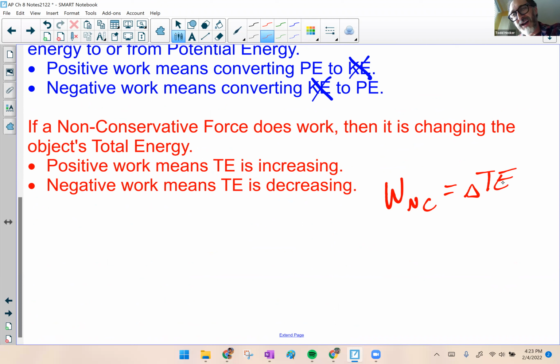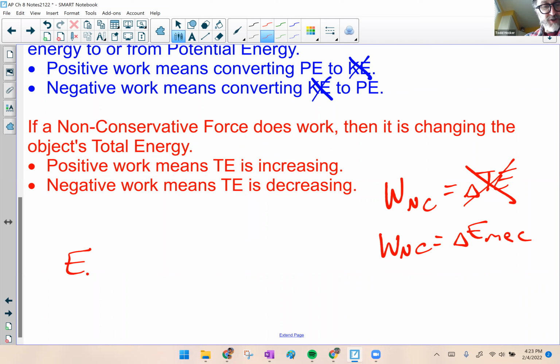We're actually going to modify that a little bit this year, because total energy includes thermal energy, which we don't usually count. So this is actually bad notation, what I use in honors. We're going to write this as change in mechanical energy. What do I mean by mechanical energy?